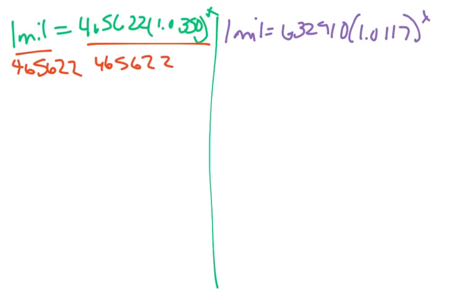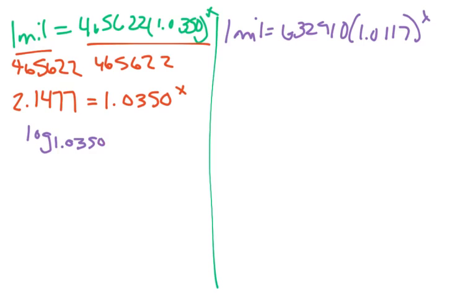So 1,000,000 divided by 465,622 is 2.1477. And then if we rewrite this so that it's in log base 1.0350, we can find out that our x is going to be the log of 2.1477 over the log of 1.0350.